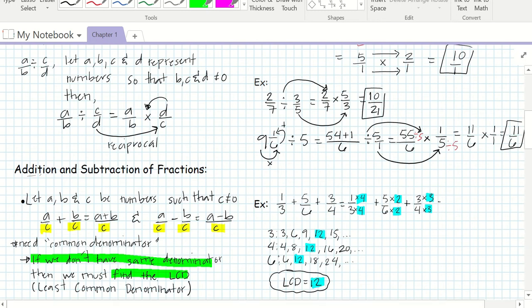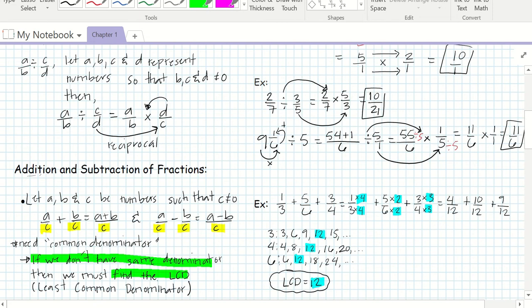Now when I multiply, this becomes 1 times 4 is 4 over 3 times 4, which is 12, plus 5 times 2 is 10, over 6 times 2 is 12, plus 3 times 3 is 9, over 4 times 3 is 12. Right? And now that I have the same denominator, I can go ahead and add the numbers on the top.